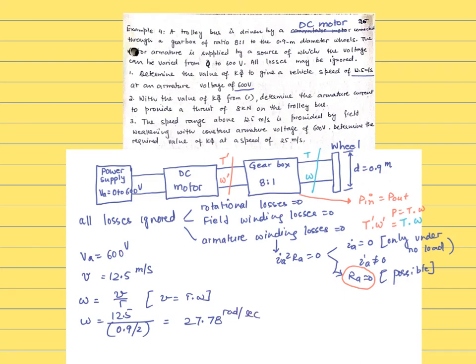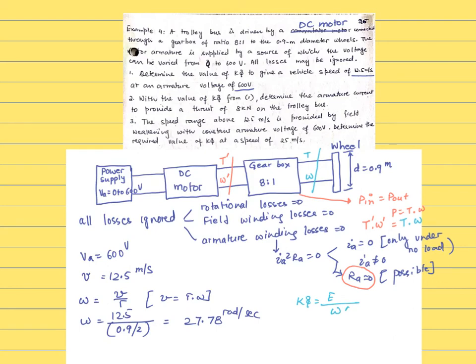But so far what we have to do is calculate K phi. K phi is related to the motor, so if you want to use the equation E over omega, it has to be E over omega prime.